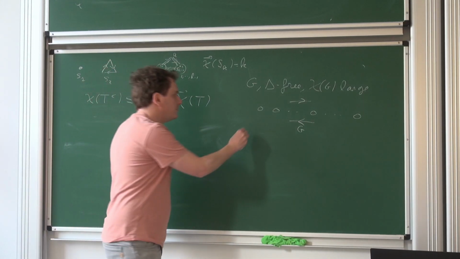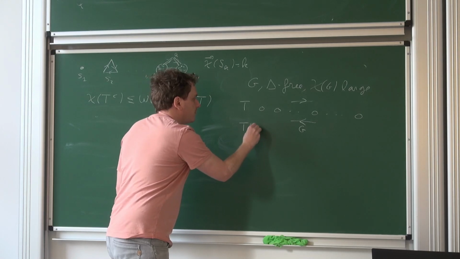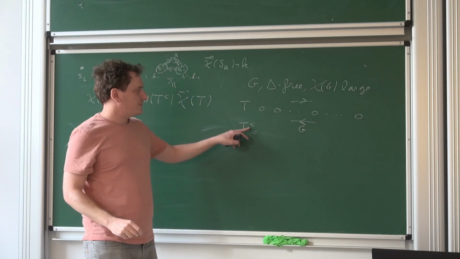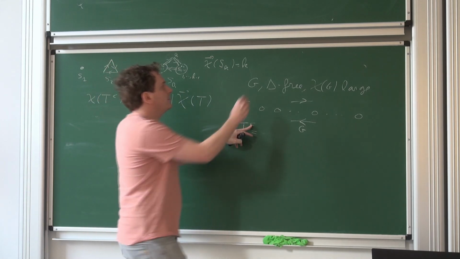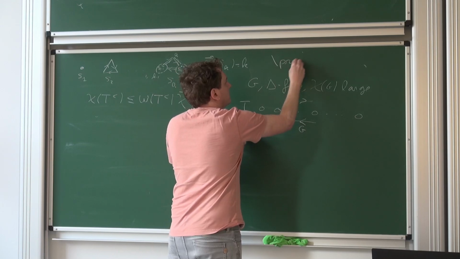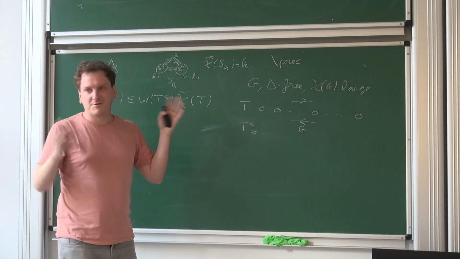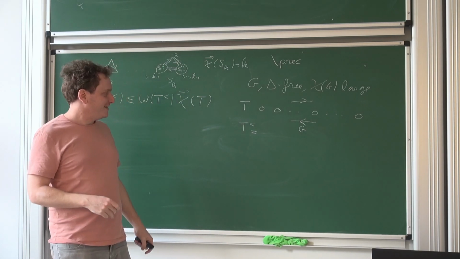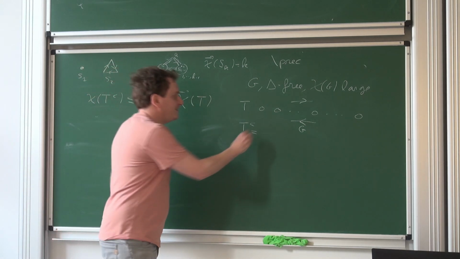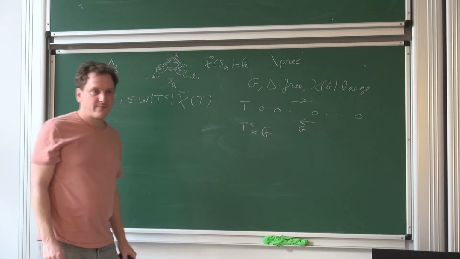Then by construction, this is T, and T prec is the back-edge graph of T with respect to an ordering. I call it T prec because in LaTeX this is \prec. I'm sorry for that, but I'm used to it now and I cannot correct. So the back-edge graph of T is exactly G by construction.